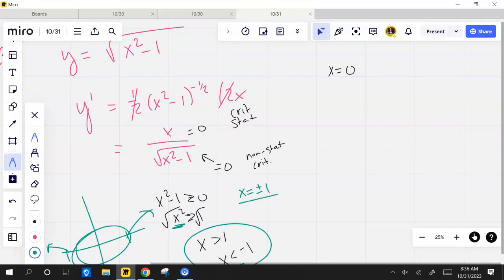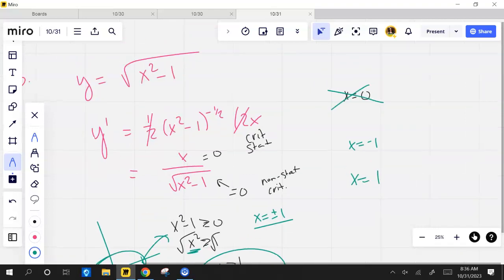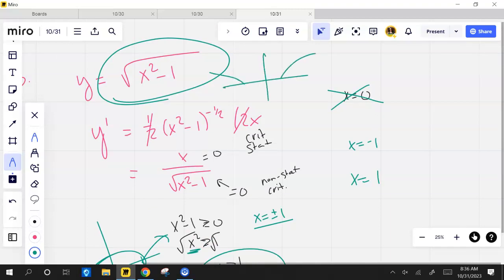Are y'all with me? I don't need to test 0. Why do I not need to test 0? It's not in my domain. That's right. And really what I should be doing is the domain of the original function, not the domain of the derivative, but it's the same.